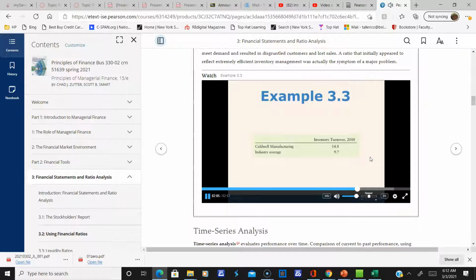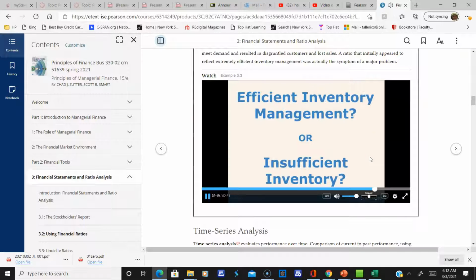This means that Caldwell completely turns over its inventory roughly every 15 days or about 24 times per year. The industry average inventory turnover is 9.7 turns per year, so it appears that Caldwell is doing an exceptional job keeping its inventories low. However, think about the consequences that might confront a firm if its inventory holdings are too low.